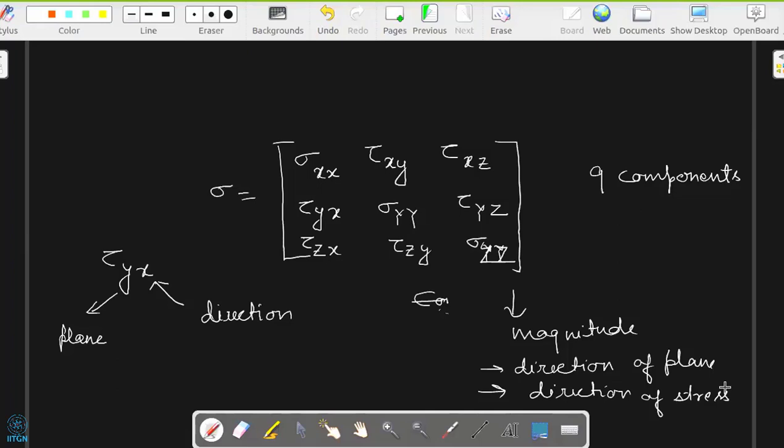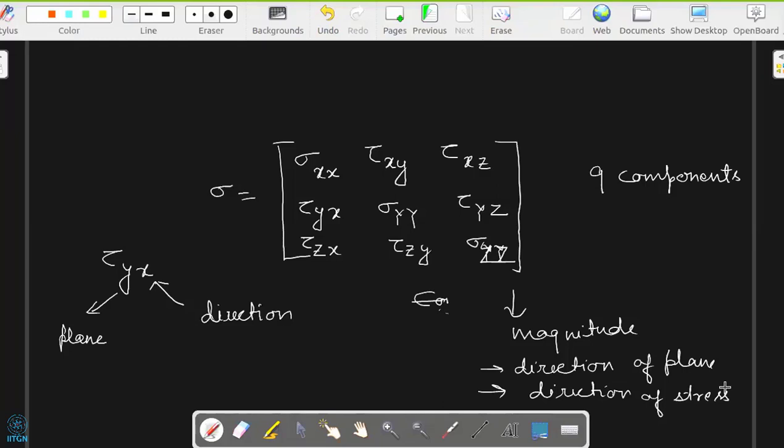In case of a vector, apart from the magnitude, we also have to define in which direction it is acting. Otherwise its description is incomplete.